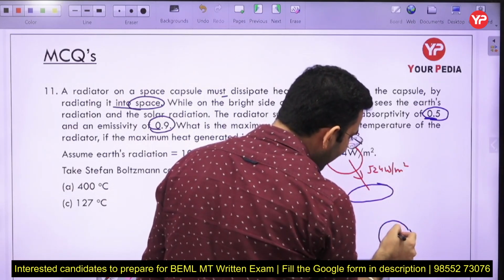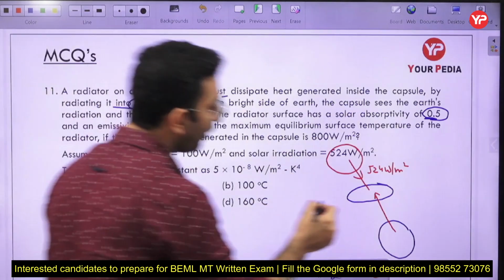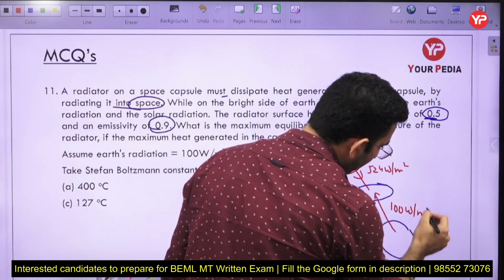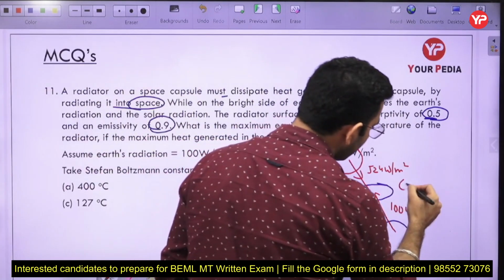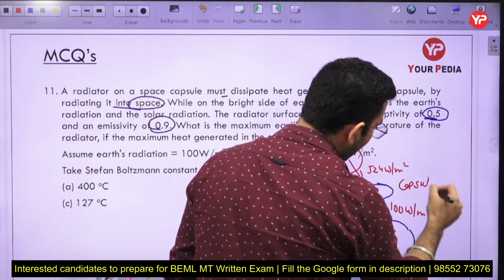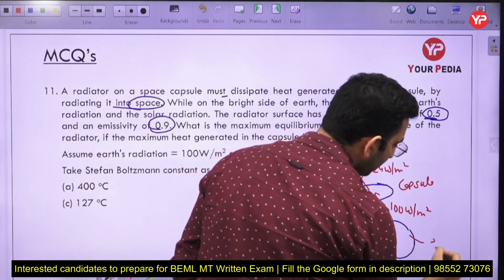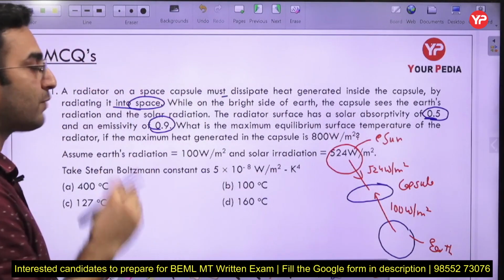And from the bright side of the earth to the capsule, the total radiation is 100 watt per meter square. This one is the capsule, this one is the sun here, and this one is the earth here. And the total amount of incident radiation on the capsule is given to you.